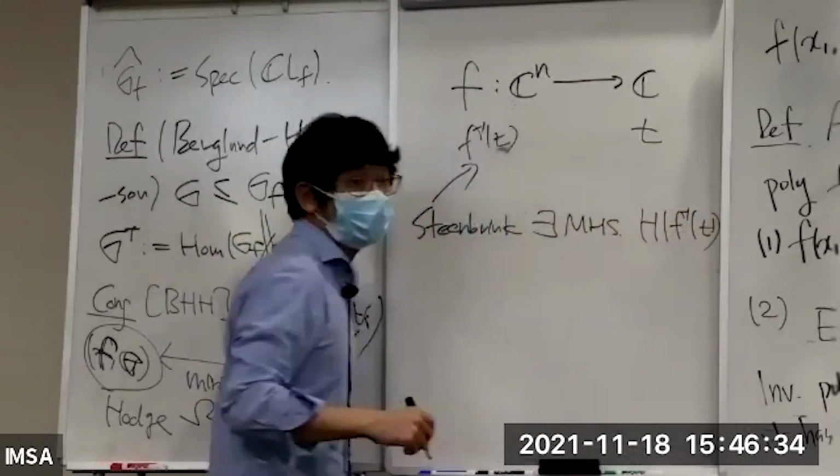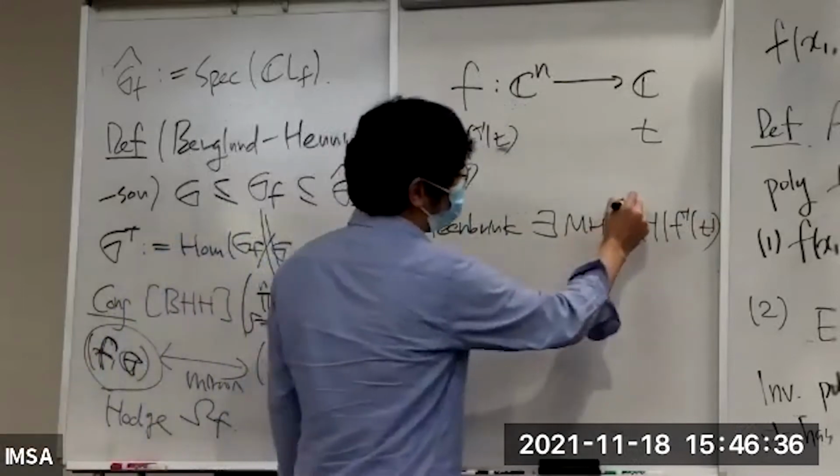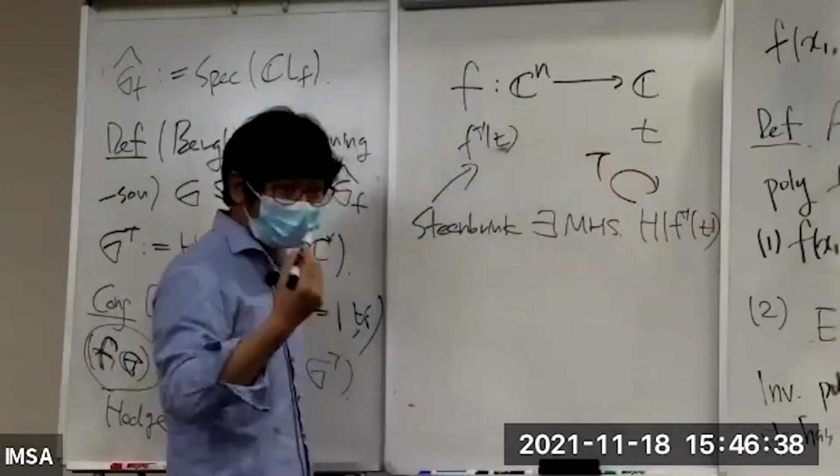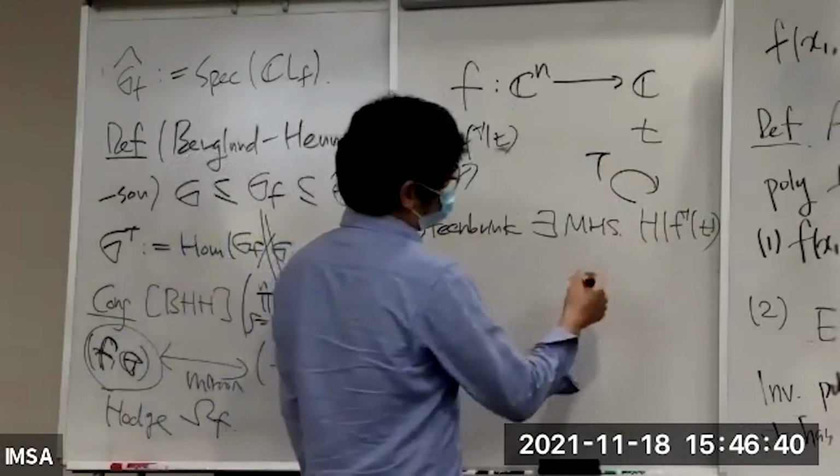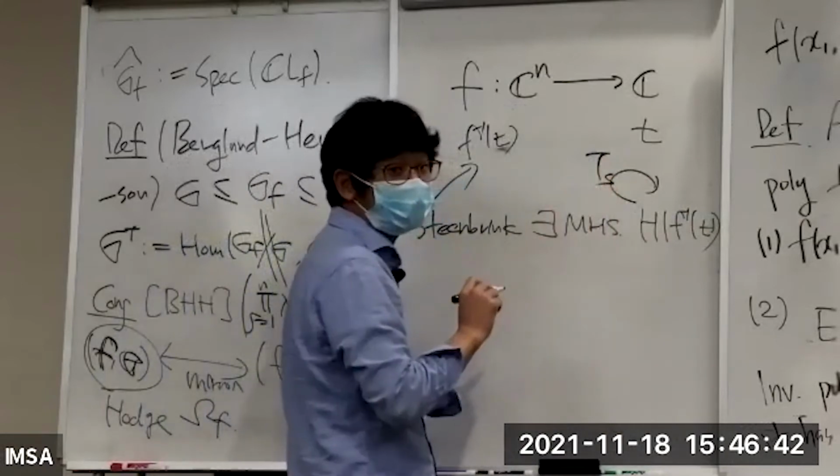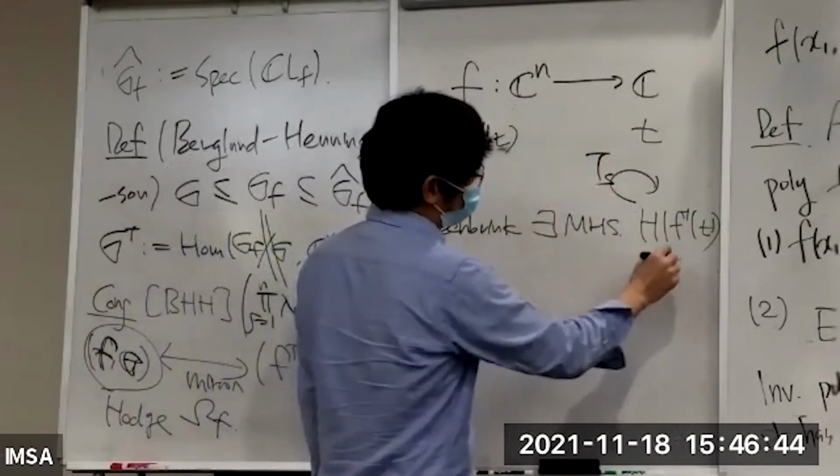What Joseph did is consider the monodromy, and I consider the same thing for part of this monodromy.